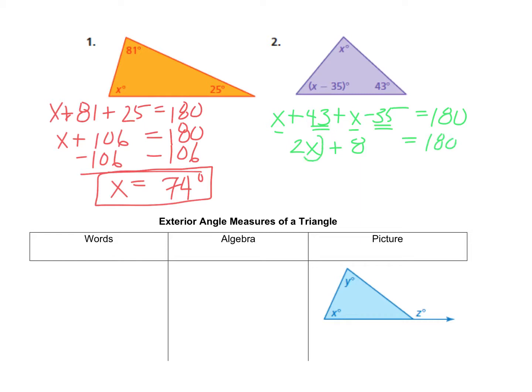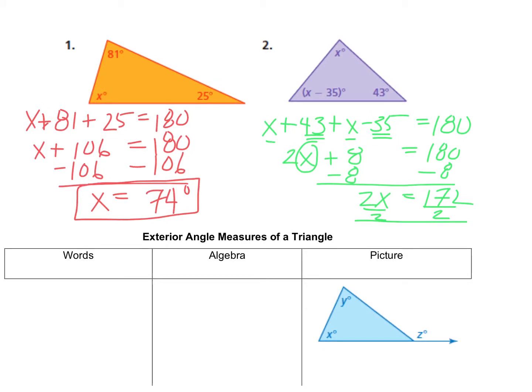And again, we're solving for x, so I'm going to subtract 8 first to get 2x equals 172. When I divide by 2, x equals 86. So if we're just looking for the x value, it's 86. If I wanted to know what the angle measurements were, it would be 86 degrees for this one. And then this one would be 51 because I would plug in the 86 and subtract 35.